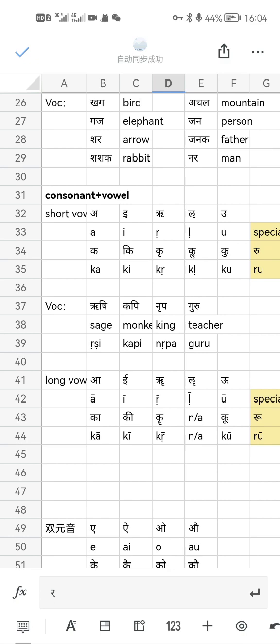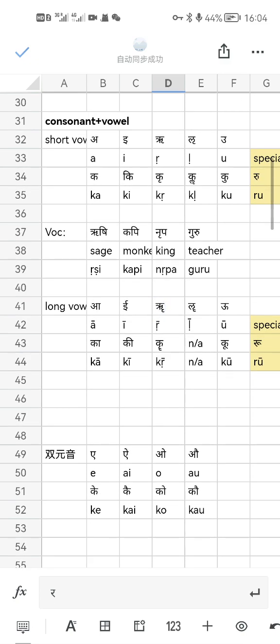Next, let's see how consonants and other vowels combine together to form a sound like ki. Say ki, it will be written like this.